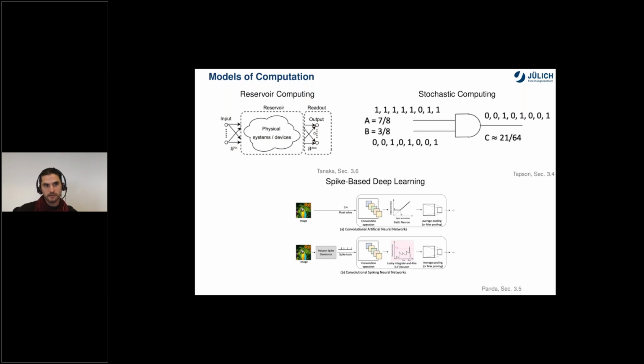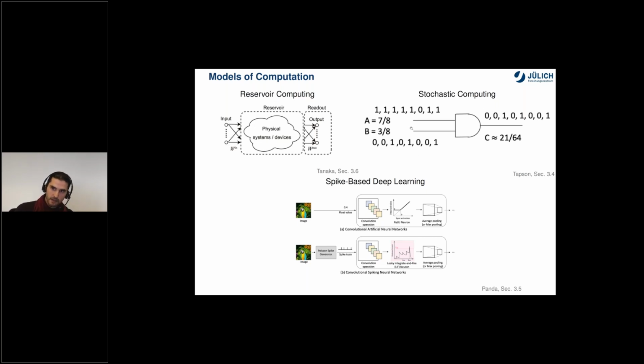The advantage of this is that we don't need to understand exactly what's going on in that physical system. We only need to be able to read from a subset of it. And so this incorporates nicely the idea of the temporal dynamics of brains.